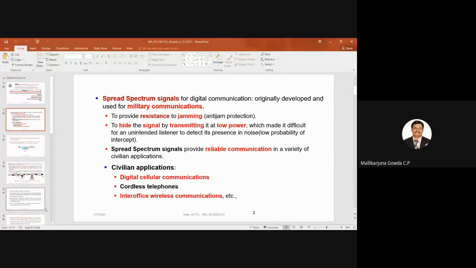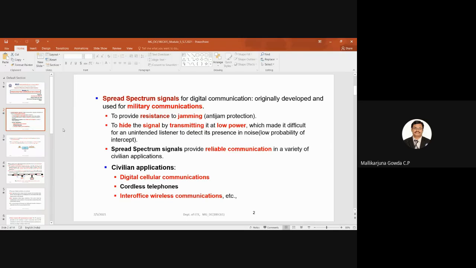It was developed for military communications, and later, because these signals can provide reliable communication, it has been used in civilian applications also, like digital cellular communication, cordless telephones, inter-office wireless communications, and so on. So you find the use of spread spectrum in many civilian applications.